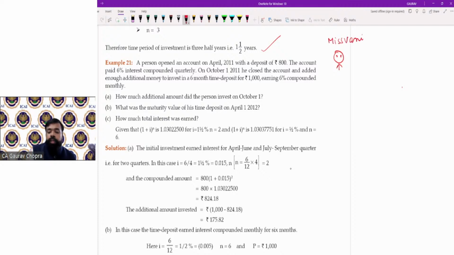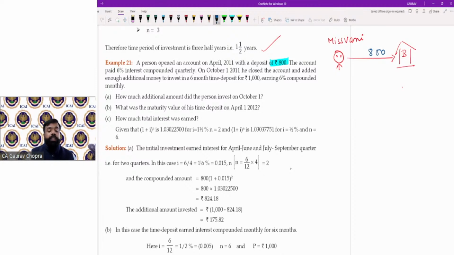Vani is going to the bank to open the account. How many rupees has Vani deposited? Vani deposited rupees 800. So we can write she has deposited 800 rupees in the bank.